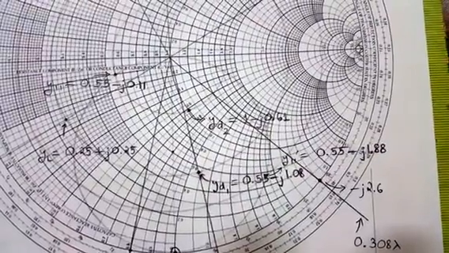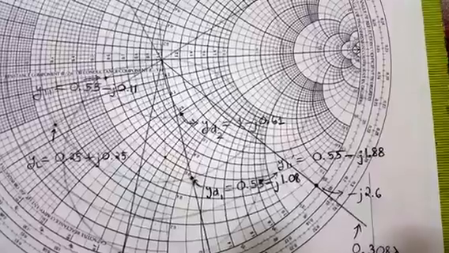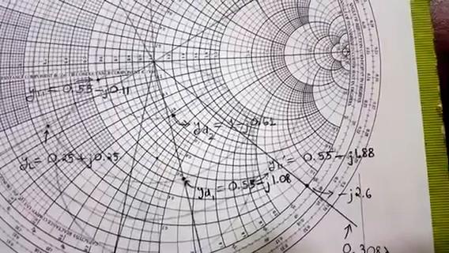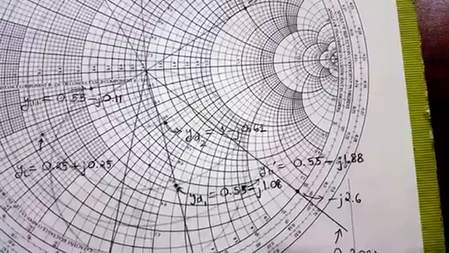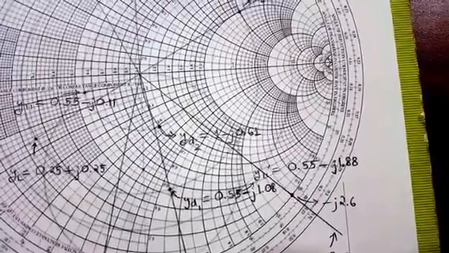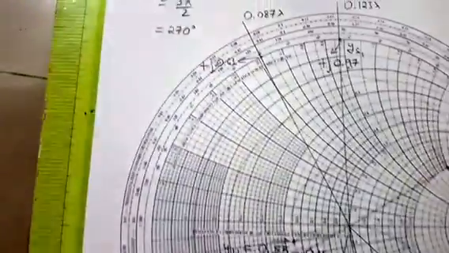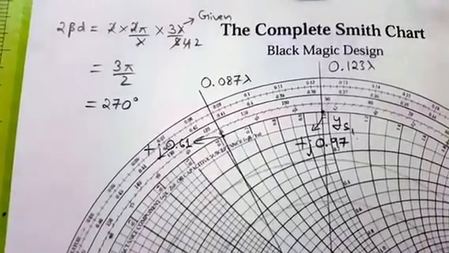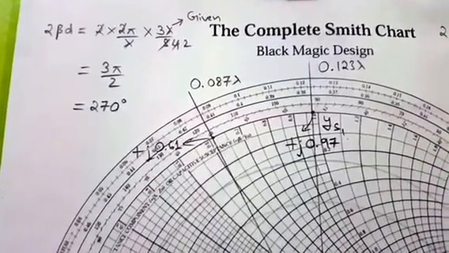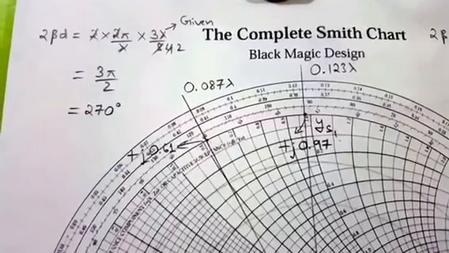Now we take the imaginary part of YD2, which is -j0.61, and take its conjugate, which is +j0.61, and plot it on the Smith chart and obtain its value in terms of lambda, which is 0.087 lambda.